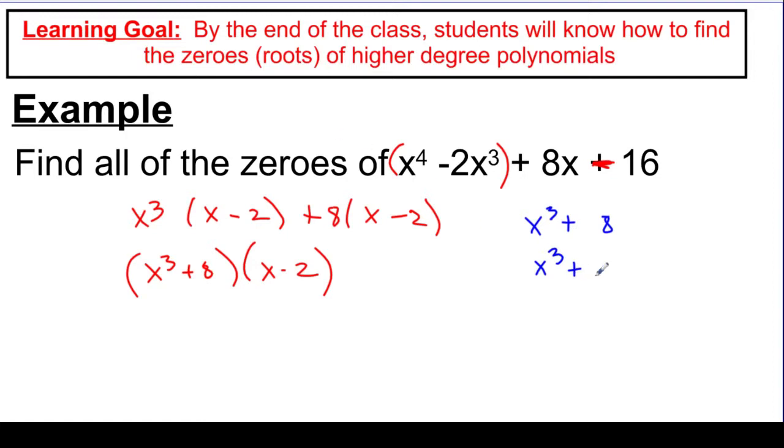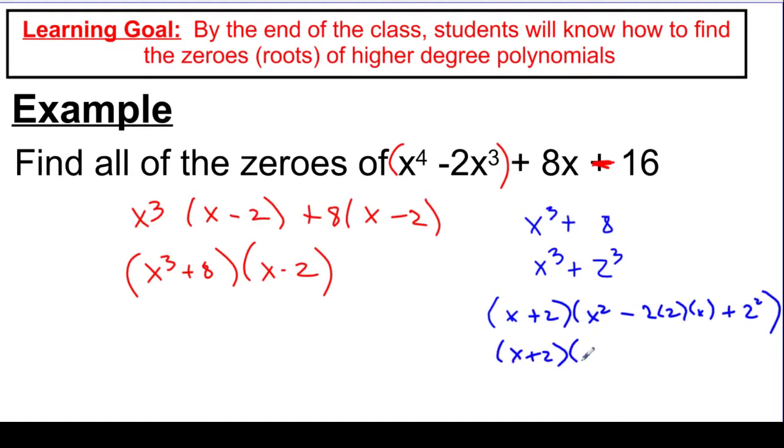So we claimed in a previous video that this can be factored into x plus 2 times x squared minus 2 times x plus 2 squared, and you might have to go back and look at your formula on this, okay? So if I go through and simplify this, I get x plus 2, I get x squared minus 4x, and I get a plus 4, okay?